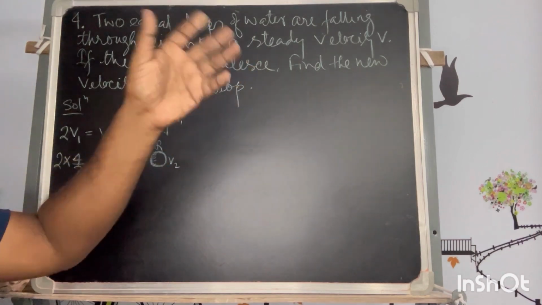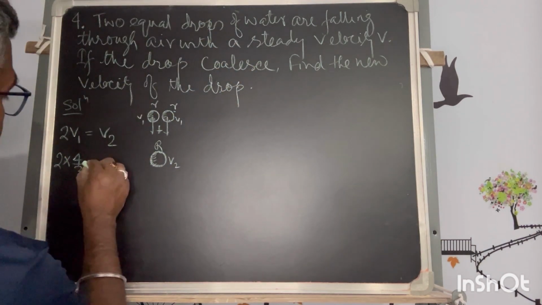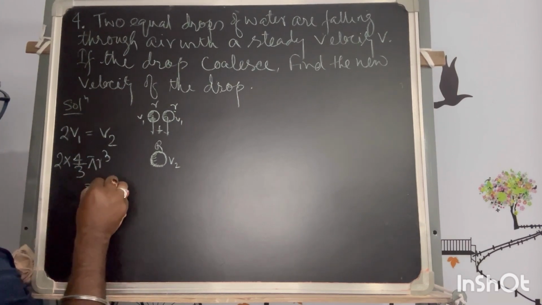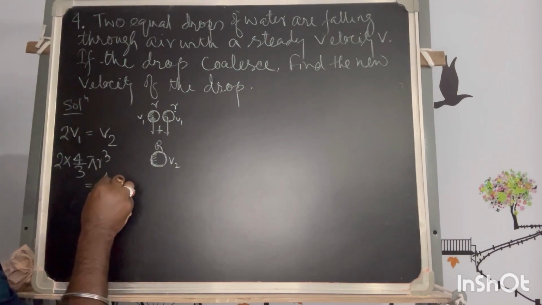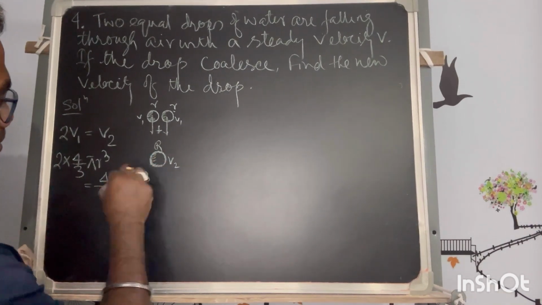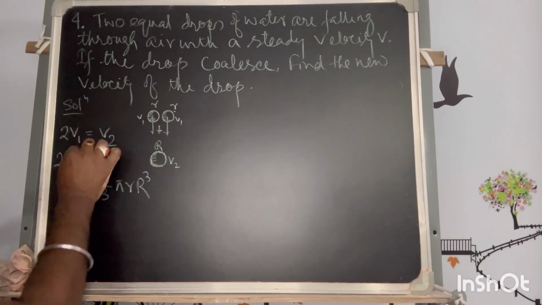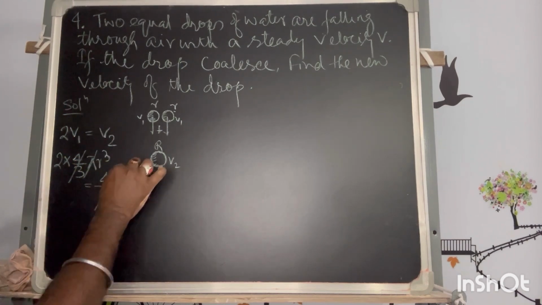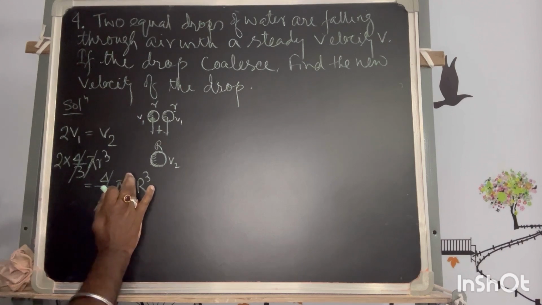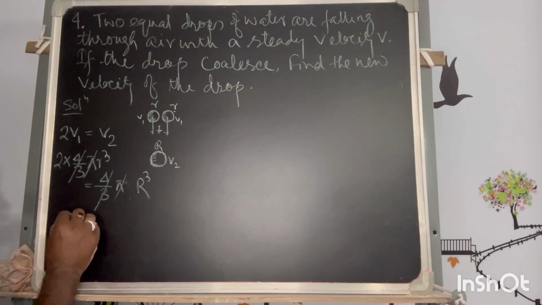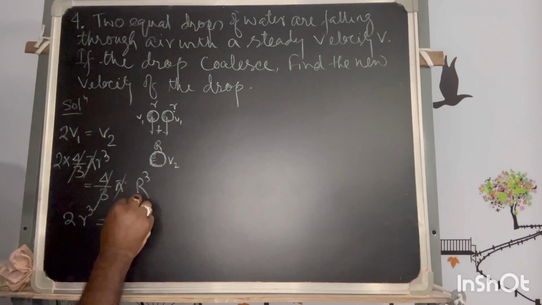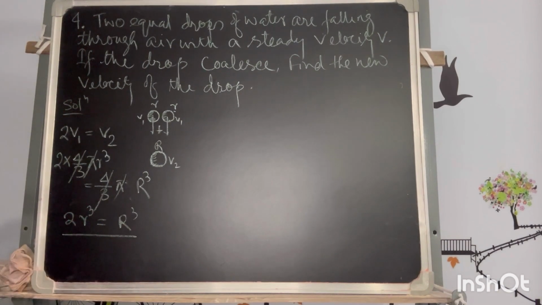This is equal to, for V2, the same formula of a sphere, but with radius capital R. So 4/3 and pi cancel, and what remains is 2r cube equals capital R cube. This is the relation between their radii.